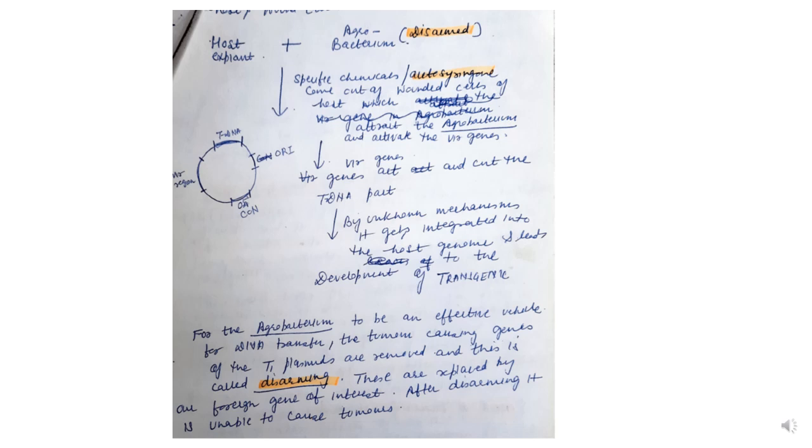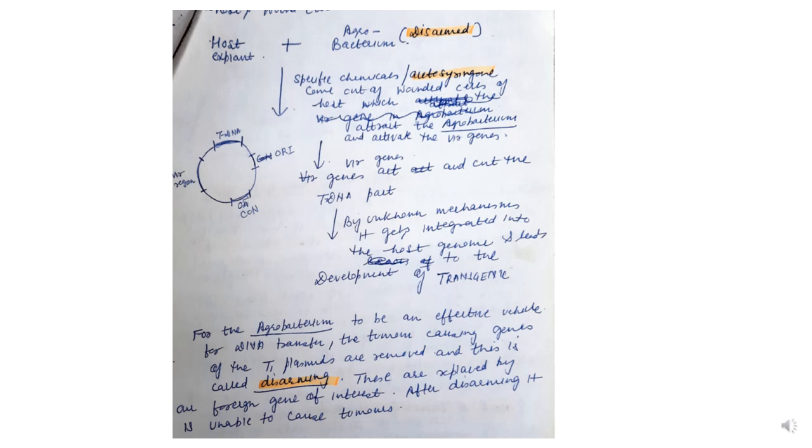Here in this picture you can see the host explant plus disarmed Agrobacterium, when they come in close vicinity. When the host explant is wounded, specific chemicals called acetosyringone come out from the wounded cells of the host and attract Agrobacterium. This process is called chemotaxis.